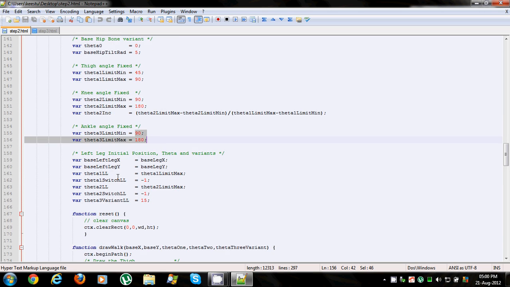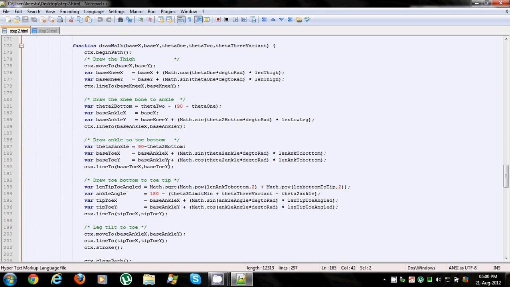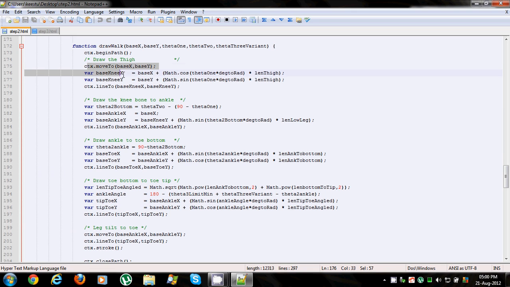I'll explain this one. I am going to calculate the left leg first of all. So base left and right, left x and y would be leg x, leg y. Theta 1 would be the max. Theta 2 would be the max. We would start negating from the max, so minus 1. Theta 3 variations are given the base 50 degree offset. To draw it, first the base of the knee, I would have a degree to rad conversion.